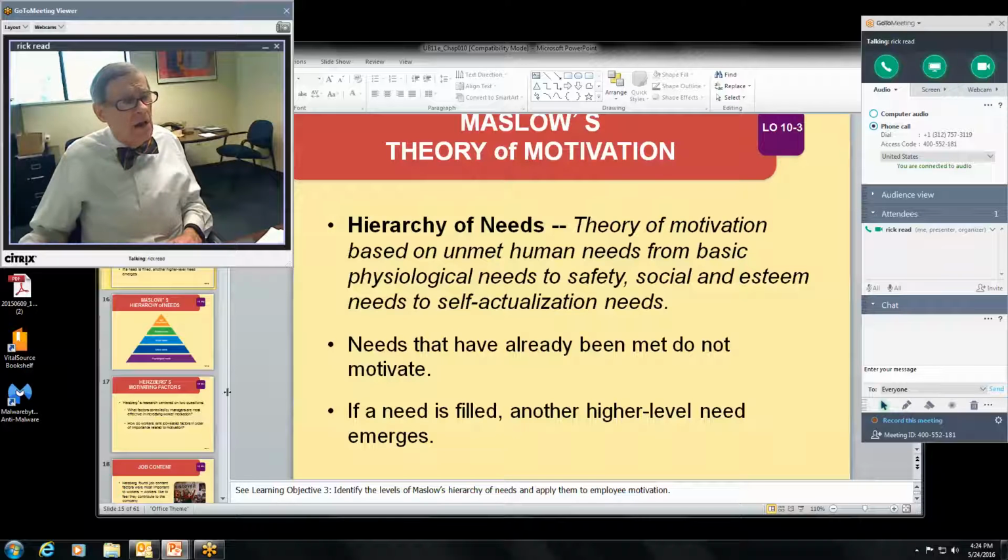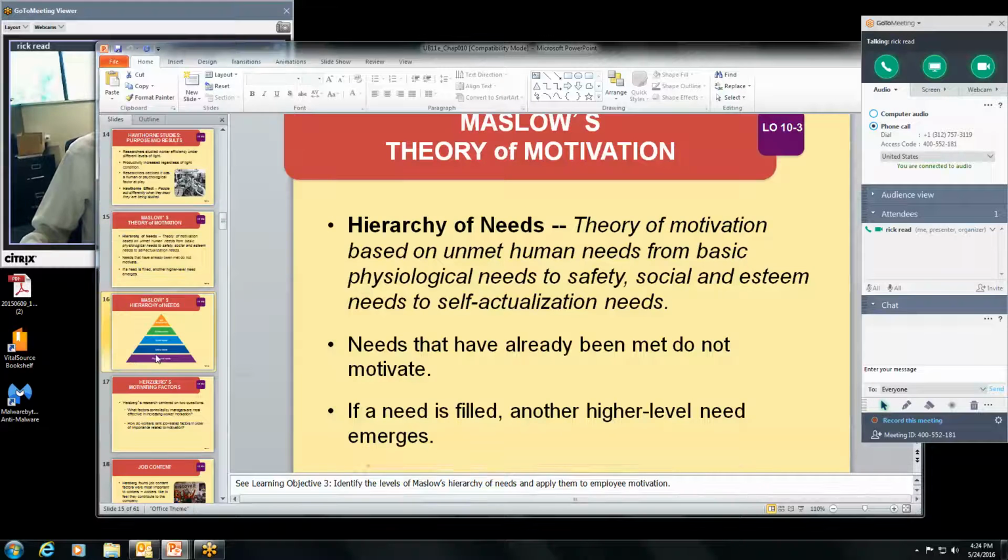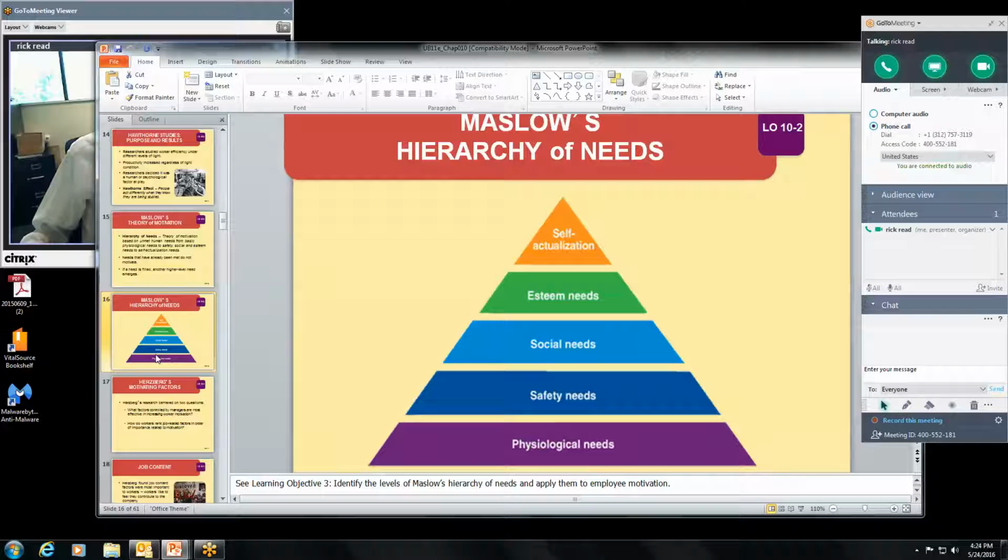And we'll get to the hierarchy of needs. We'll show you the slide next. And then, of course, this is depicted in your textbook on page 274, figure 10.1.